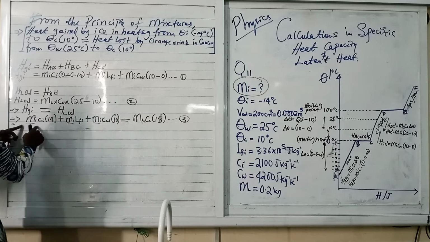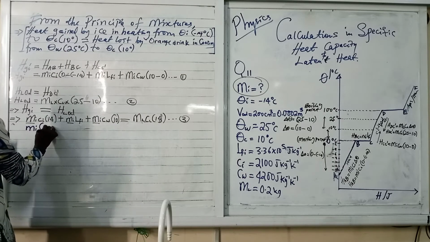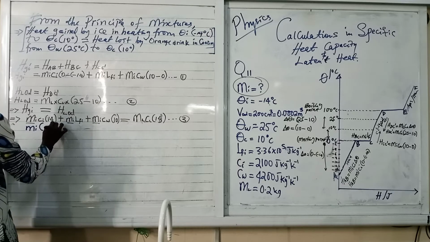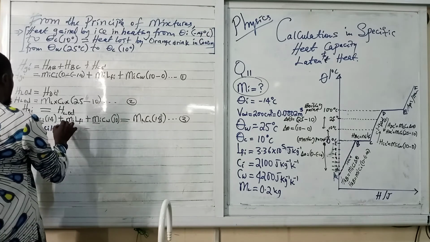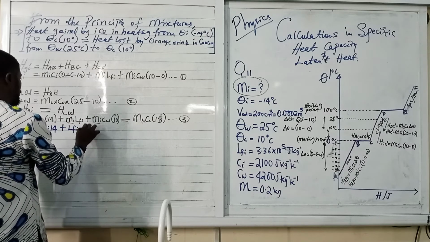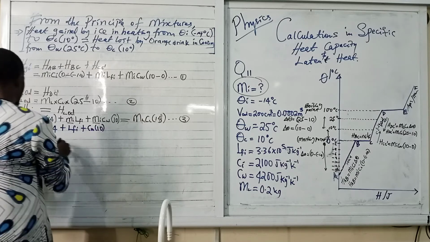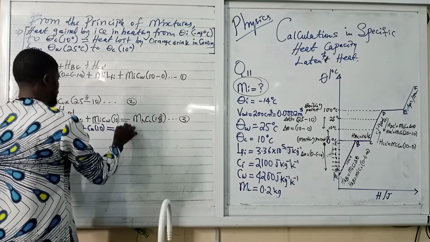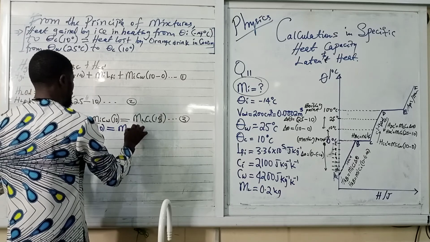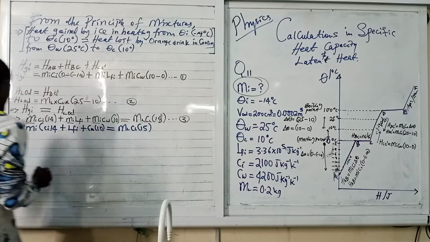So we factor m_i out of this equation. So we'll have m_i into c_i times 14 plus L_f of ice plus c_w into 10. That's it. It is equal to mass of liquid, c of liquid into 15.